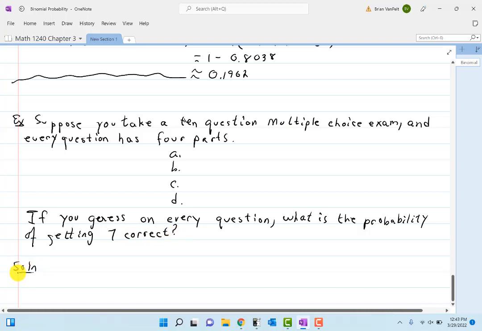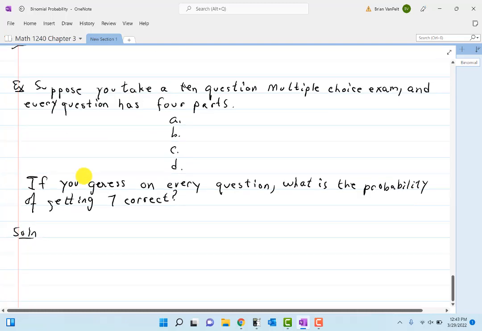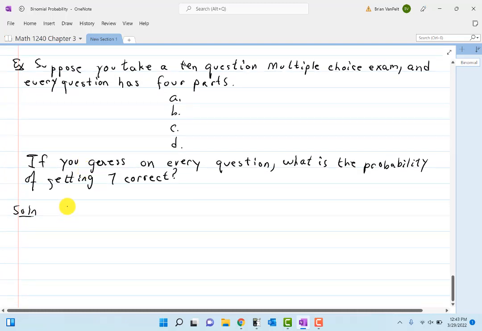So what we need to do is look at one particular possibility that can happen. I'm going to use the letter C for correct and W for wrong.